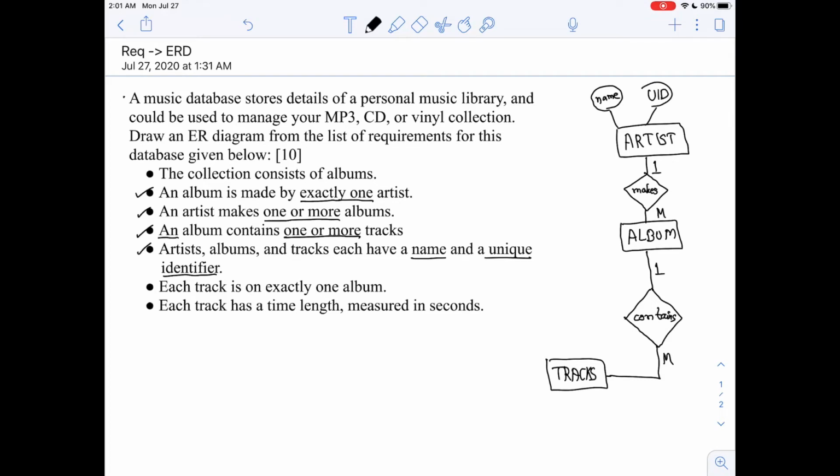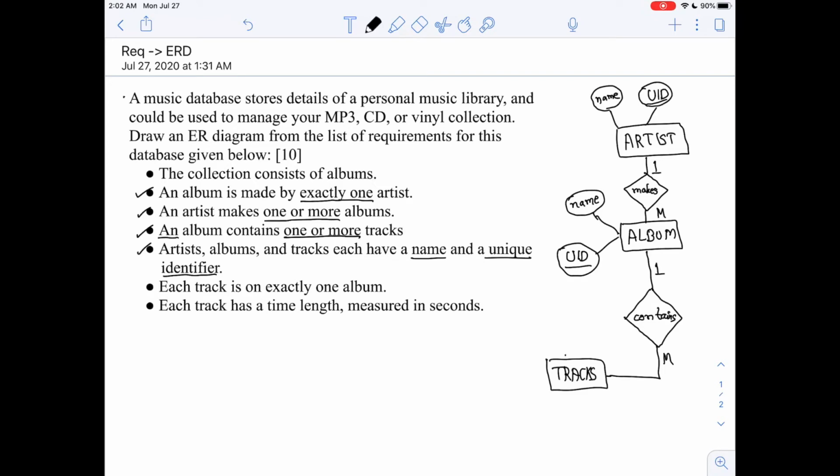So I'm writing UID in short, and since the identifier is unique it must mean it's a key attribute, therefore I have to underline it. Okay, so same thing with album. An album will also have a name as well as a unique identifier which is the key attribute for the album entity.